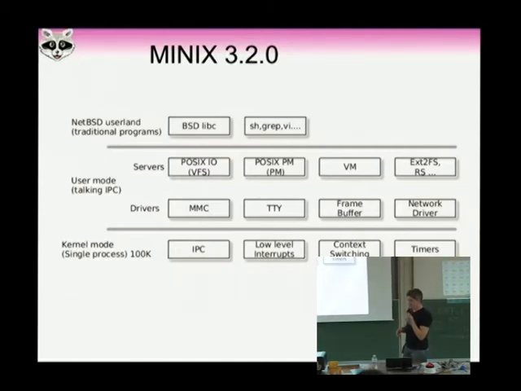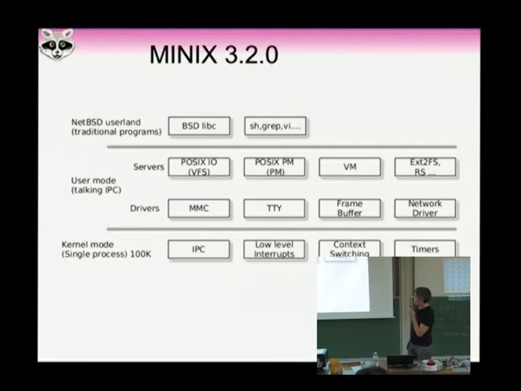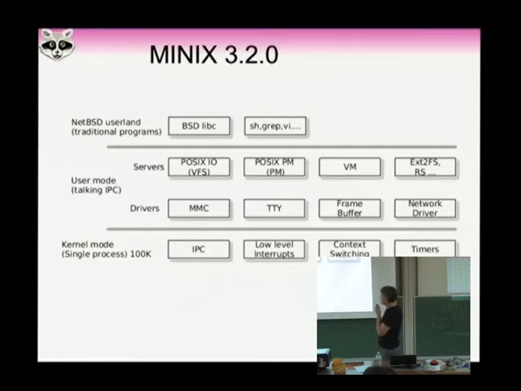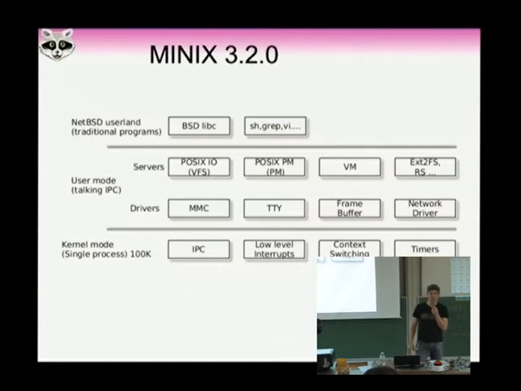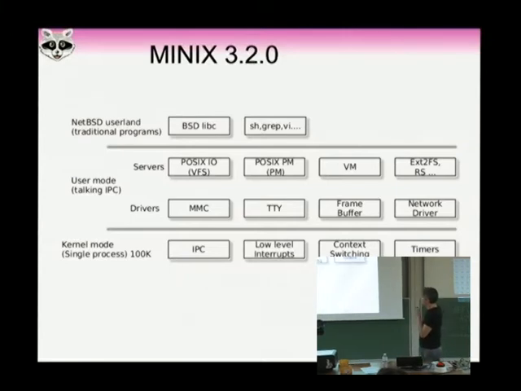Most of the other features are implemented as normal user processes, separate processes. Even virtual memory management is extracted from the kernel, and that poses some interesting challenges. Process management happens there, and drivers are also just normal processes that can do IPC to the kernel.